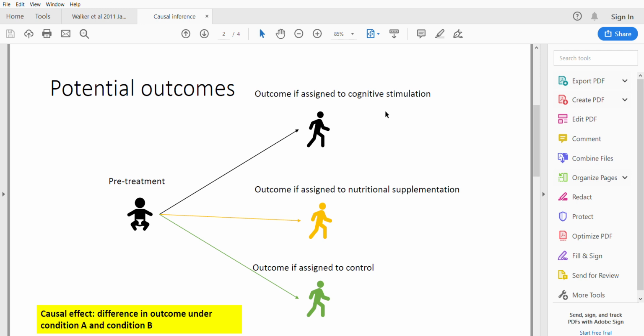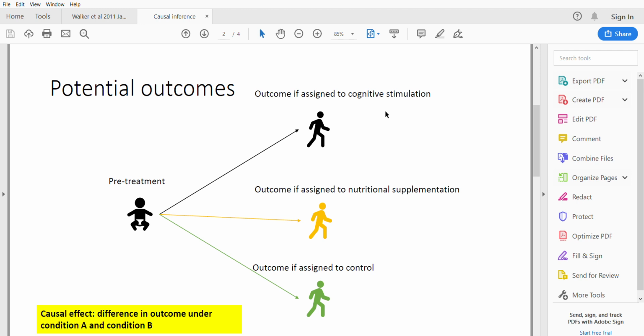So if this child is assigned to receive cognitive stimulation, then when we administer this test later on, there is some particular outcome that the child will have, whatever it is. It's like a 10 on the test or something. But it's crucial to remember this is not the only potential outcome that the child could have, because the child could have instead been assigned to nutritional supplementation.